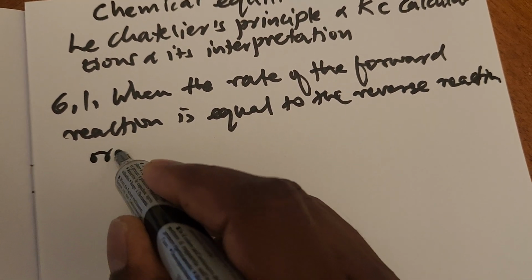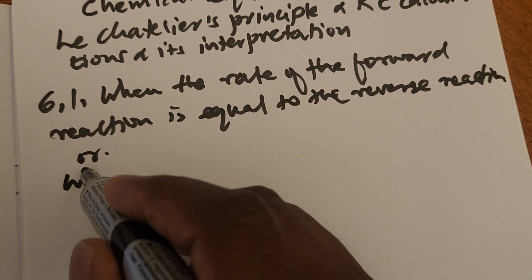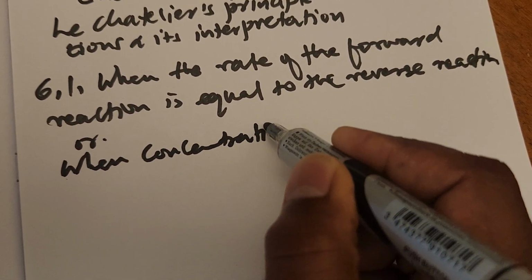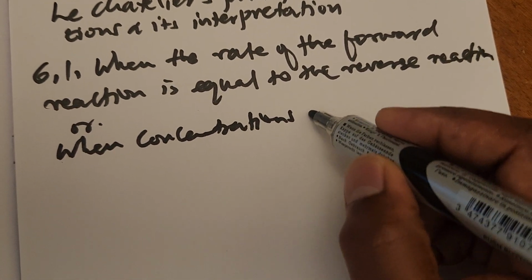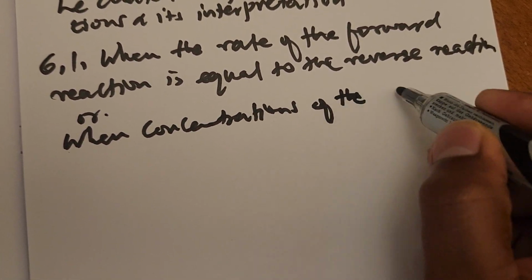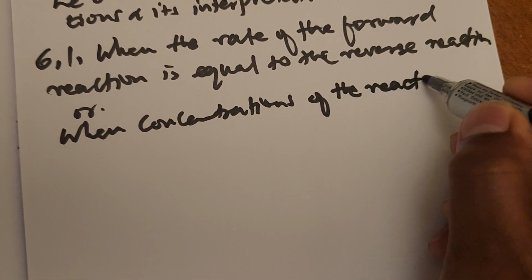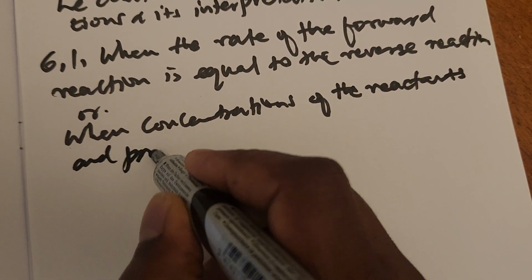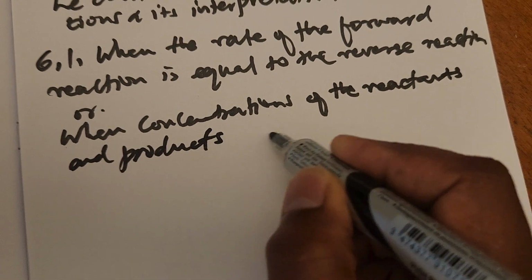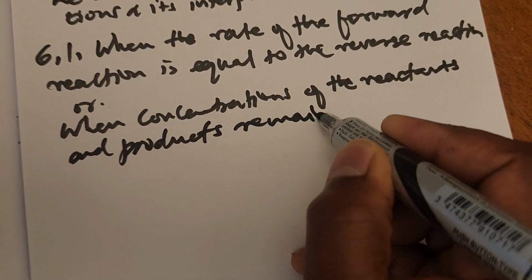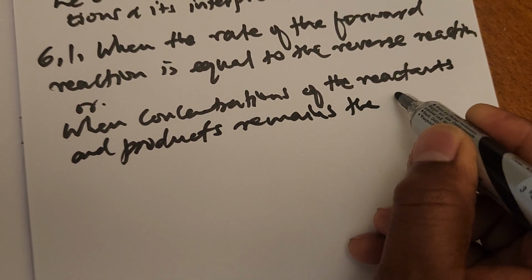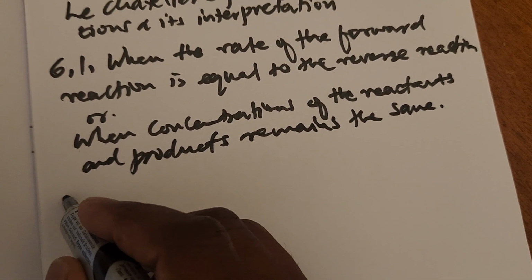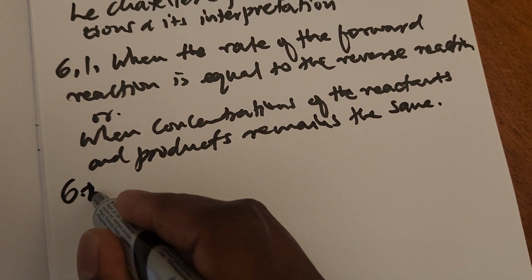The second option can be in terms of concentration, to say when concentrations of the reactants and products remain the same, remain unchanged, remain constant. So whichever way that you might use. 6.2.